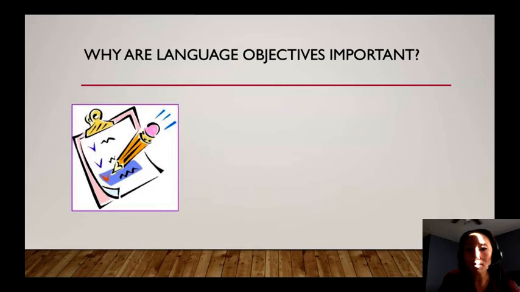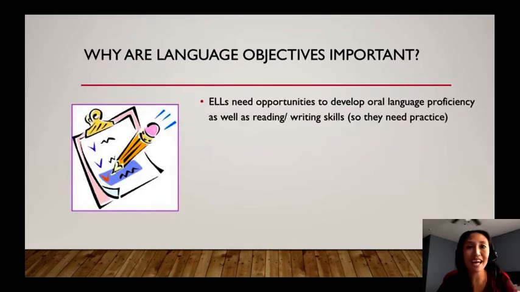So why are language objectives important? Well, English language learners need opportunities to develop oral language proficiency as well as reading and writing skills. So they need those opportunities for practice. If we are not thinking about the opportunities to give students a chance to practice in their second language or in a language that they're not accustomed to, often we move on because we're not comfortable with that silence, or we just let them, especially if we speak their native language, we just want them to communicate their understanding.